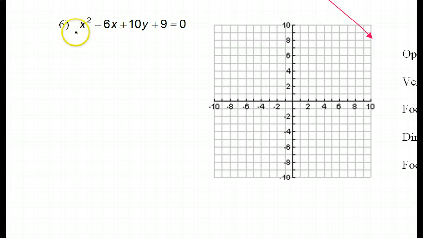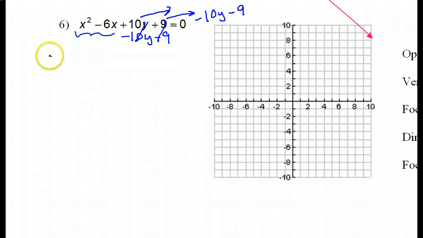x is squared. That lets me know that this is the part that's going to be on the left side of the equation, okay? That means these two parts are going to skedaddle over to the right. So I'm going to wind up doing minus 10y and a minus 9 on both sides. So I'll have a minus 10y and a minus 9.